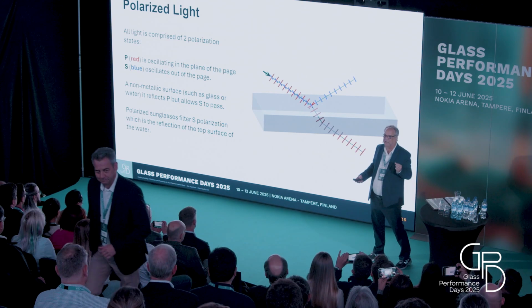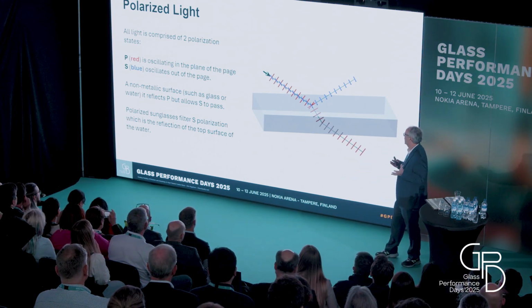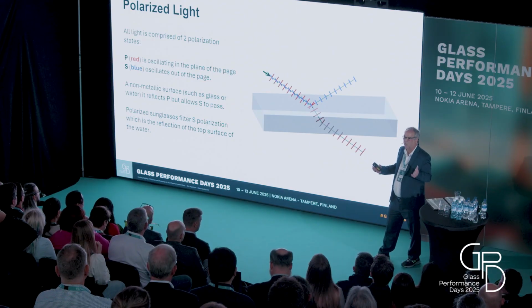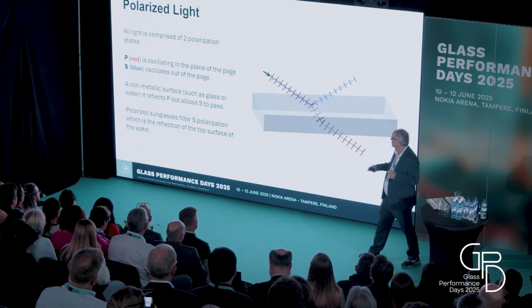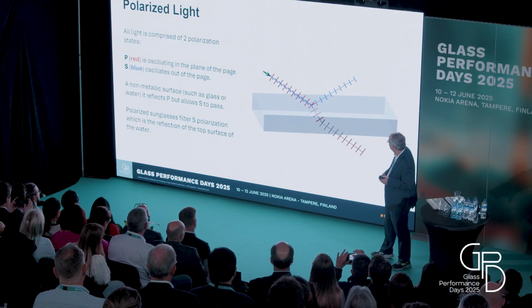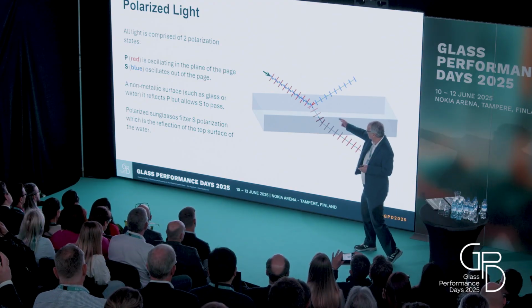And when you talk about anisotropy, it's important to talk about polarized light, because it's all about polarized light. When you want to analyze the light based on polarization, we break it into two separate components, two separate oscillations. We have what's called P, which is red, and it oscillates in the plane of the screen. S, blue, oscillates out of the screen.